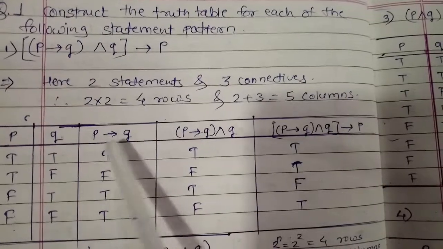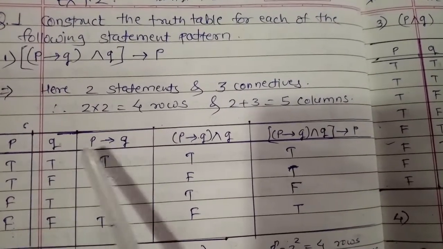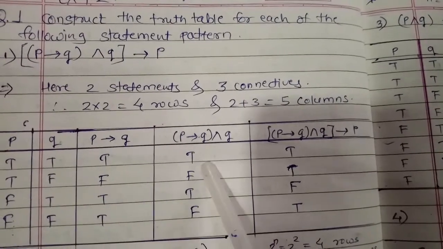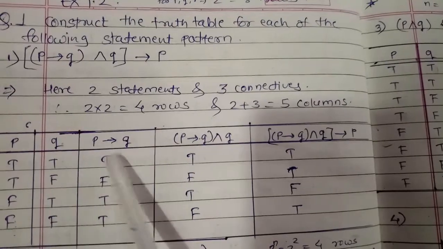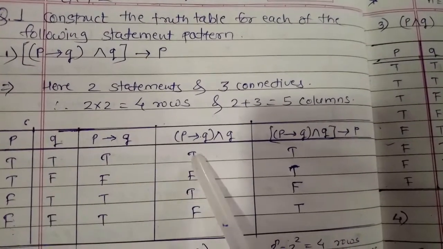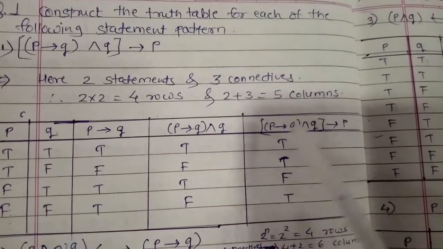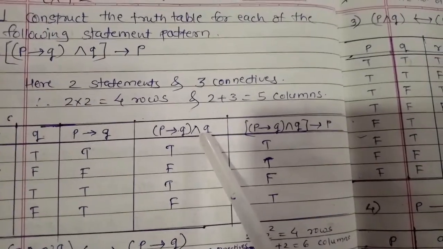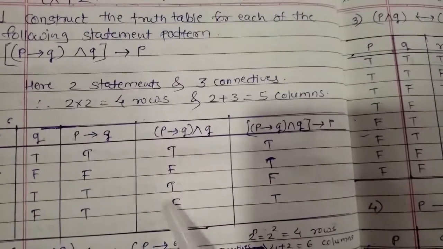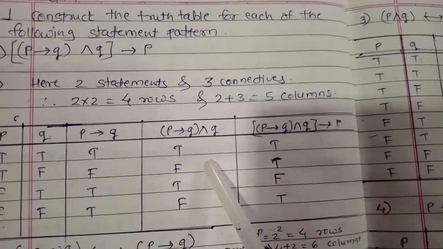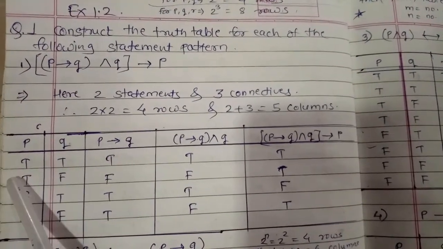So P conditional Q conjunction Q. You know the rules for the conjunction, that is when both values are true, then it is true, otherwise it is false. So first we find where both are true. Here also both are true, so the value is true, and here it is false. So I write false. Now this total column, that is P conditional Q conjunction Q, has conditional with P. So we have to solve this column with this one.